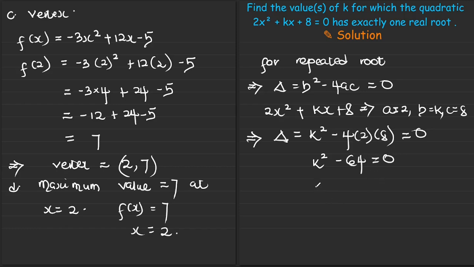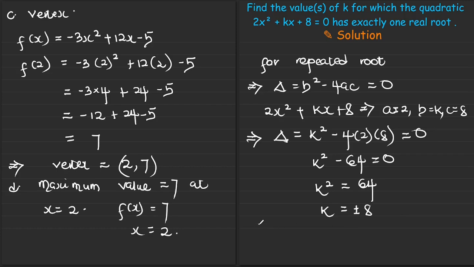Making k squared the subject, we have k squared being equal to 64. Now we want the square root of both sides. If you find the square root of both sides, we get k equal to plus or minus 8. These are the values of k.